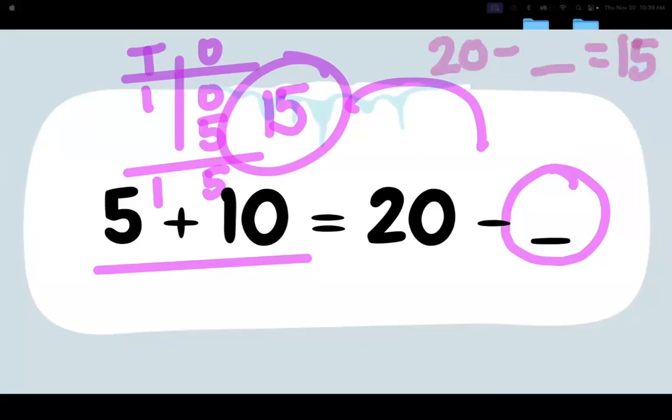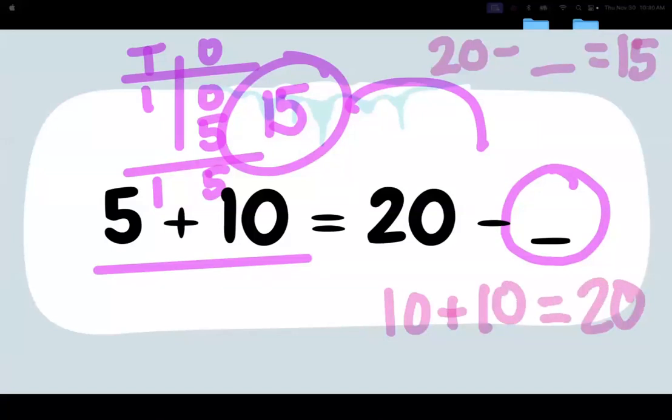I'm pretty sure it's not minus 10, that would be 10. Well, if it's minus 10, it would be 10. What would make it 15? Maybe minus 5, because 5 plus 5 equals 10. Yeah, because 10 plus 10 is going to equal 20.